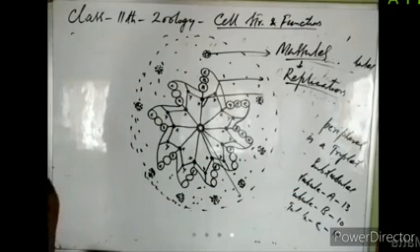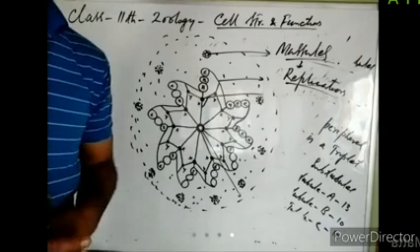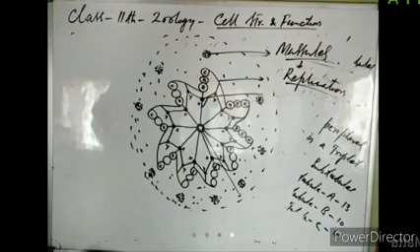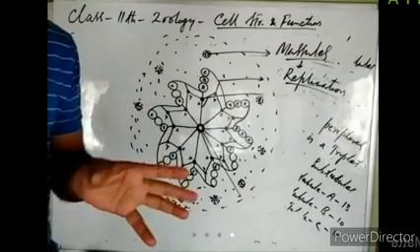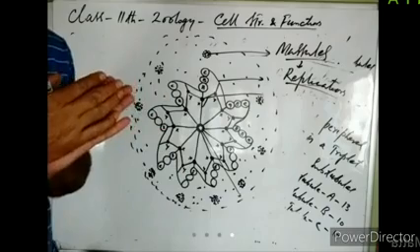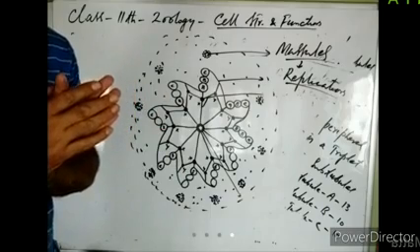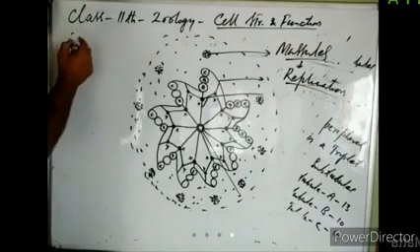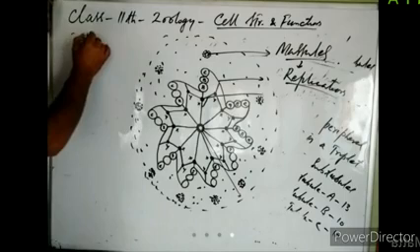You might have studied DNA replication. We say DNA replication is a semi-conservative process. That means one parental strand is conserved, and from it a new strand is formed. So from a single DNA molecule, two DNA molecules are formed. These are the parental strands.